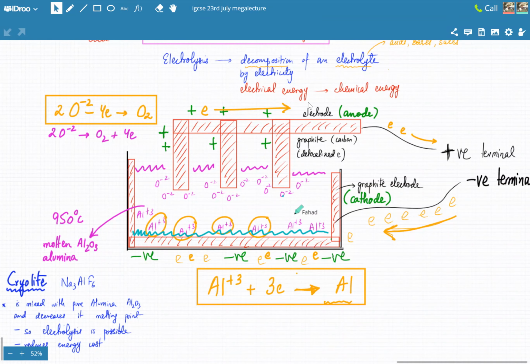So aluminium ions start attracting the electrons because the battery is sending them electrons. A lot of electrons are coming their way. So aluminium ions end up gaining 3 electrons to form aluminium metal again. And that results in the formation of molten aluminium metal. This blue line over here is molten aluminium that's being formed at the bottom of the container.